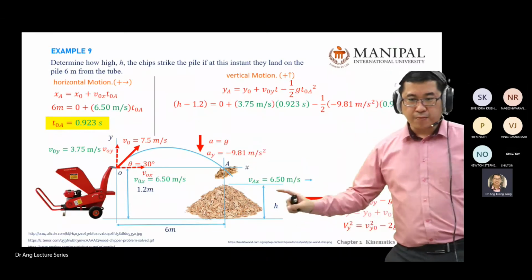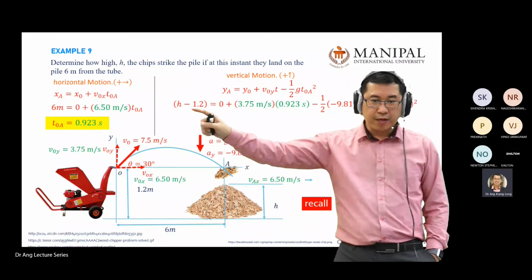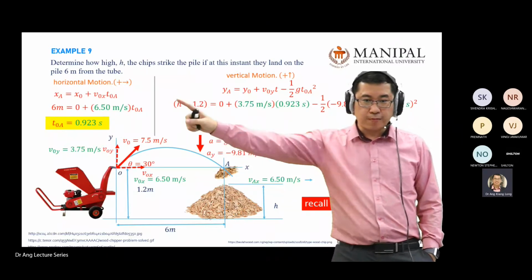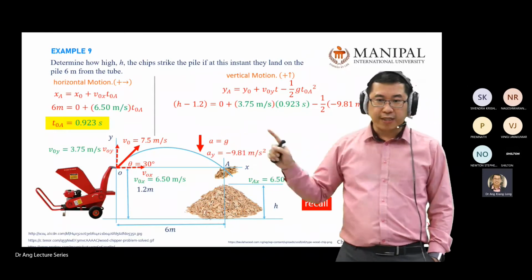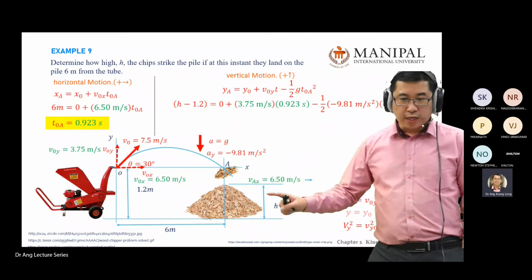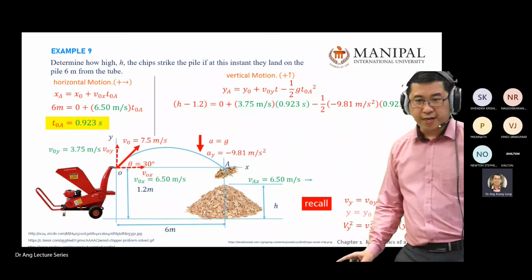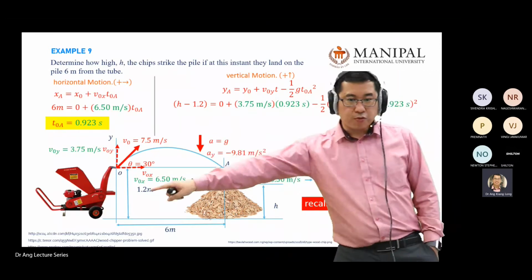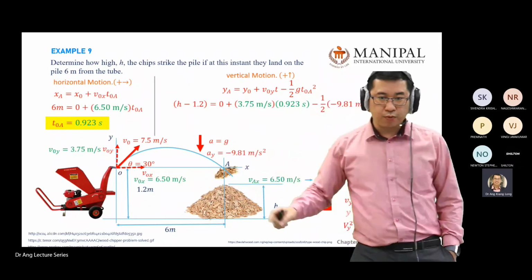If you assume H is lower than 1.2, then you remember you need to put some note here: assume H is lower than 1.2. Then your answer, you'll get positive or negative. Then you compare to the answer. In this case, we assume the H is higher than 1.2. That's why in this answer, I put H minus 1.2 because I assume this H is higher than 1.2.